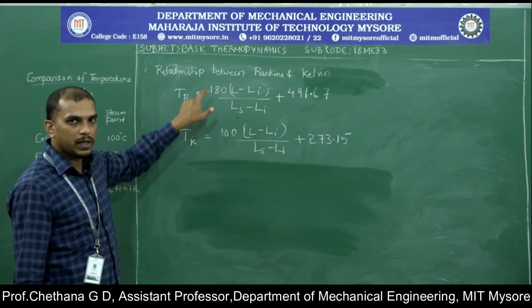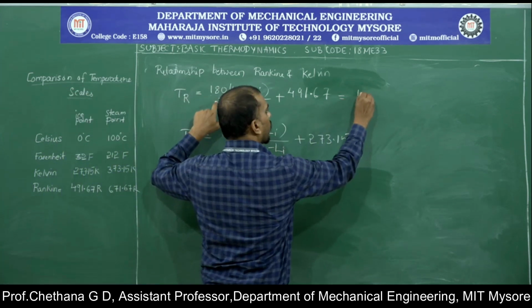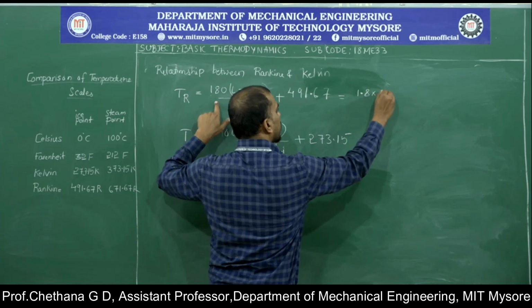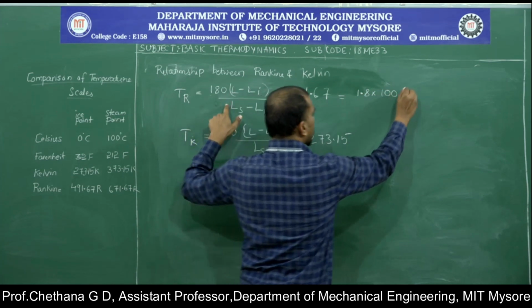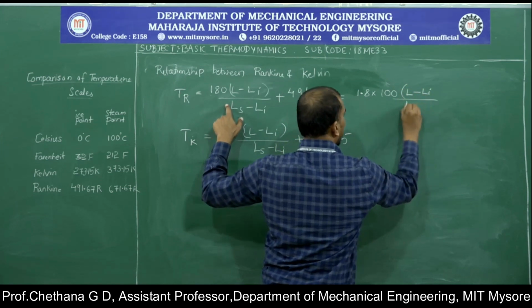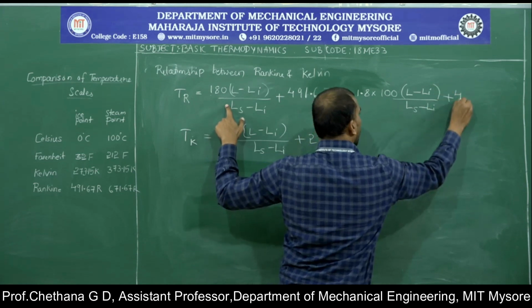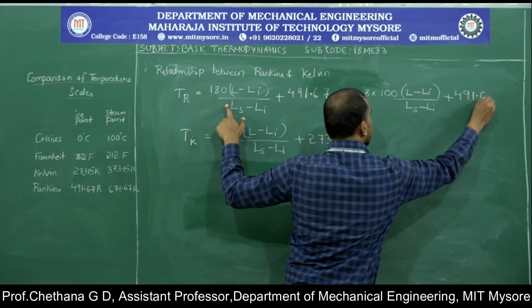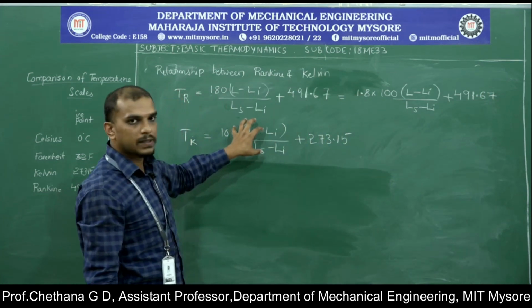Here it is 180 and here it is 100. So we will simplify this as 1.8 into 100 into L minus Li divided by Ls minus Li plus 491.67.